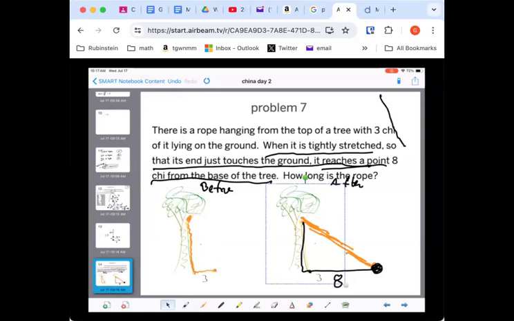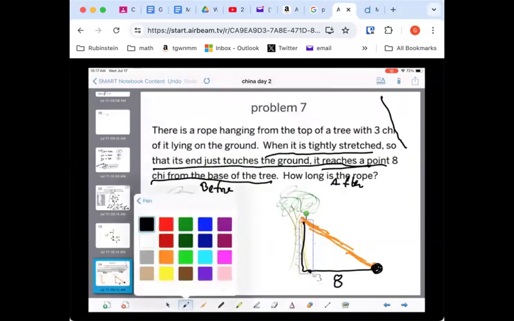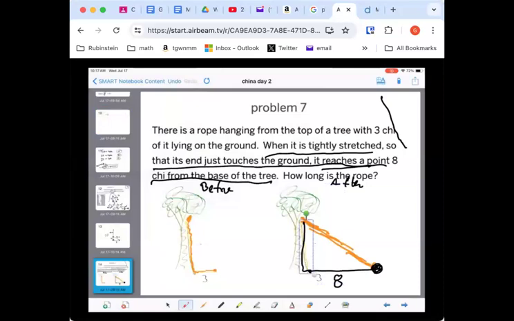The right triangle we're going to use is the right triangle formed by the tree, the rope, and the number 8.